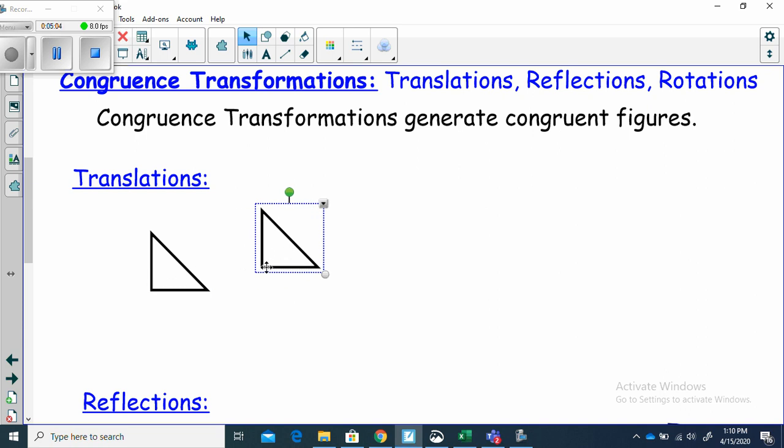They still have the same measure, right? So when we've got a translation, I create two figures that are congruent. They're exactly alike. I can map one on top of the other to prove that they are indeed congruent. If I start back here, they're exactly the same, and I just move this one over. That means I've translated it.